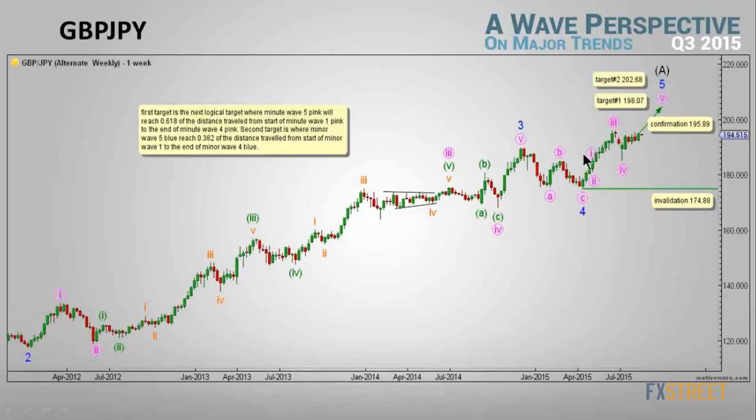Within wave 5 blue, it's expected that waves 1 through 4 pink are complete and that wave 5 pink has more to offer to the upside. This count will be confirmed by movement above 195.89, and we have two targets for the completion of wave 5 pink. The first target is at 198.07.